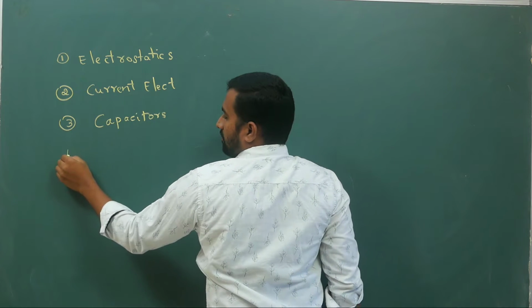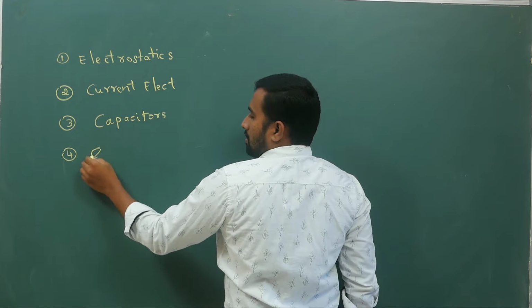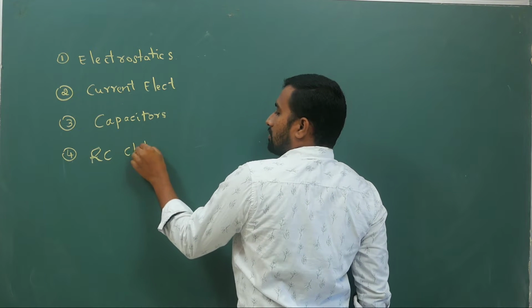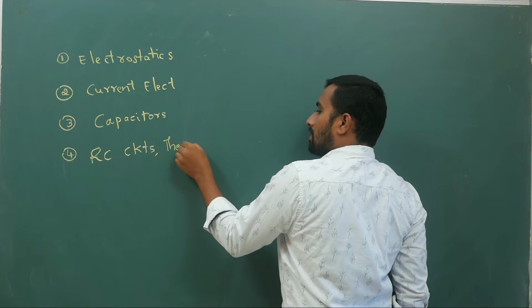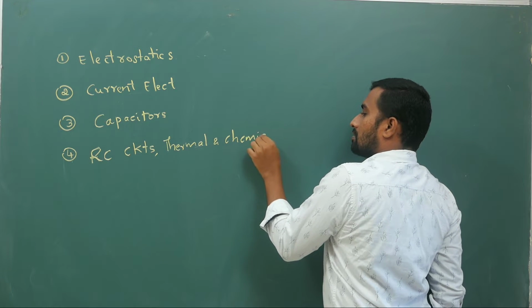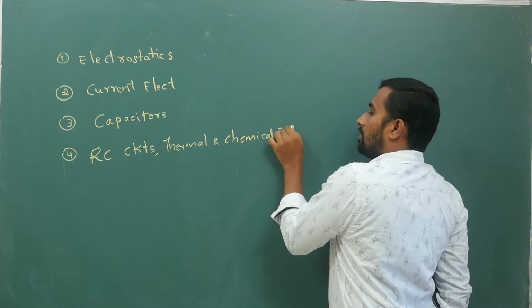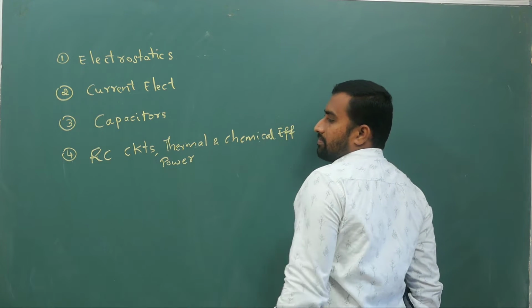Then the fourth chapter is RC circuits, followed by thermal and chemical effects, followed by electric power. This is another chapter.